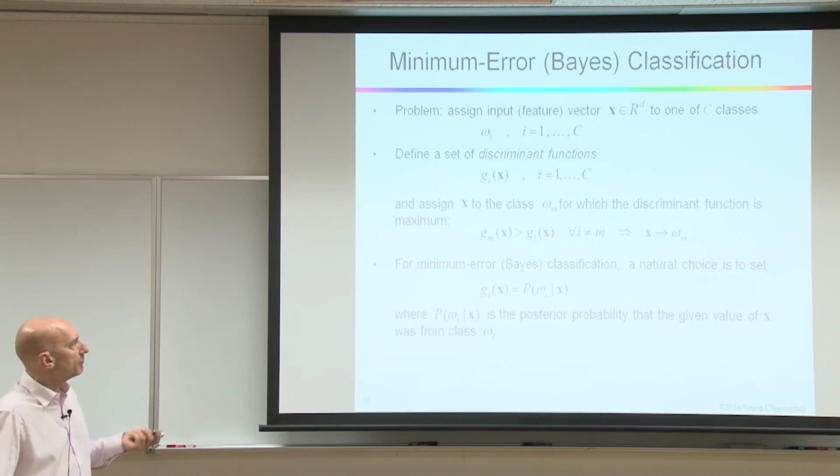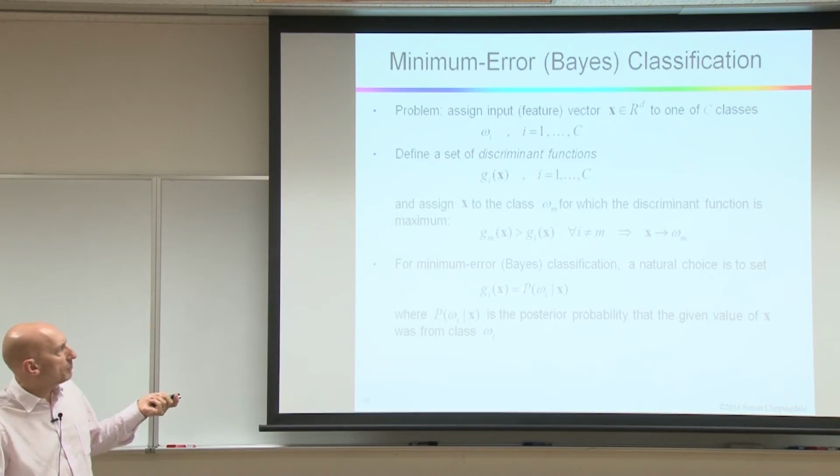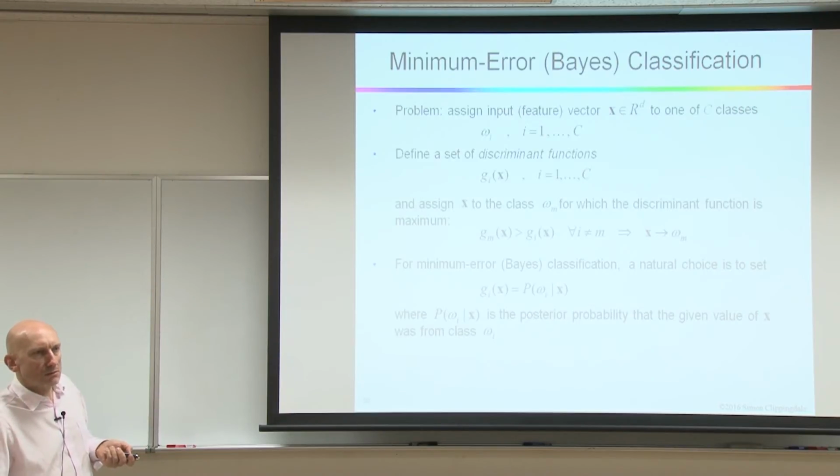I guess it probably is obvious, but a natural choice for this is to set the discriminant function for each class to this thing, which is the conditional probability of omega i given X. So are you familiar with this conditional probability notation? Yeah? Somebody is.